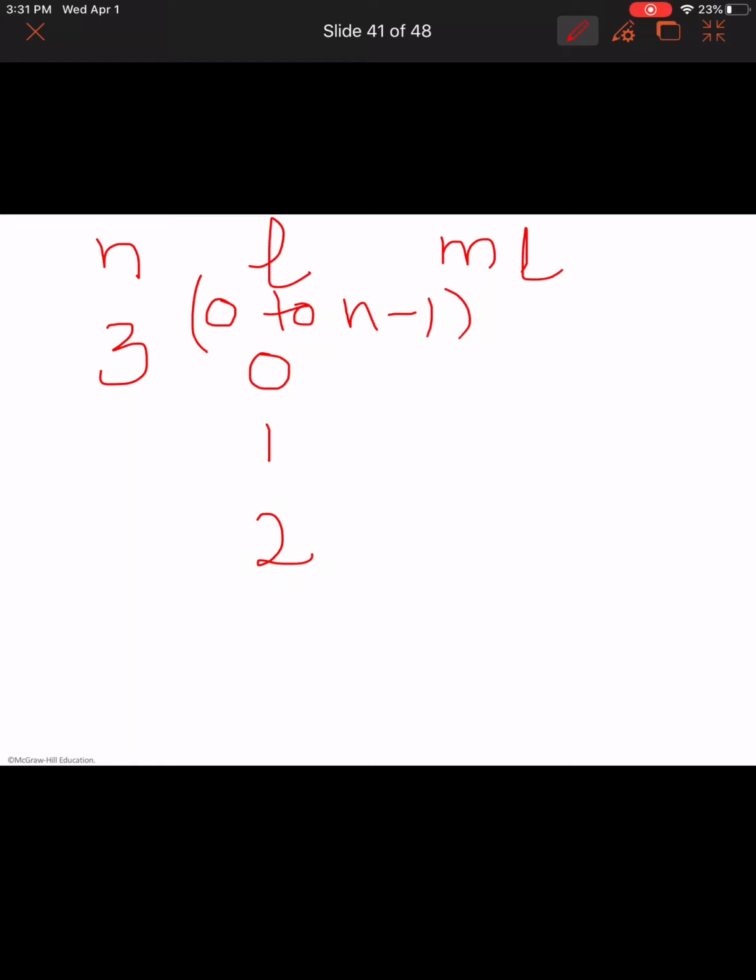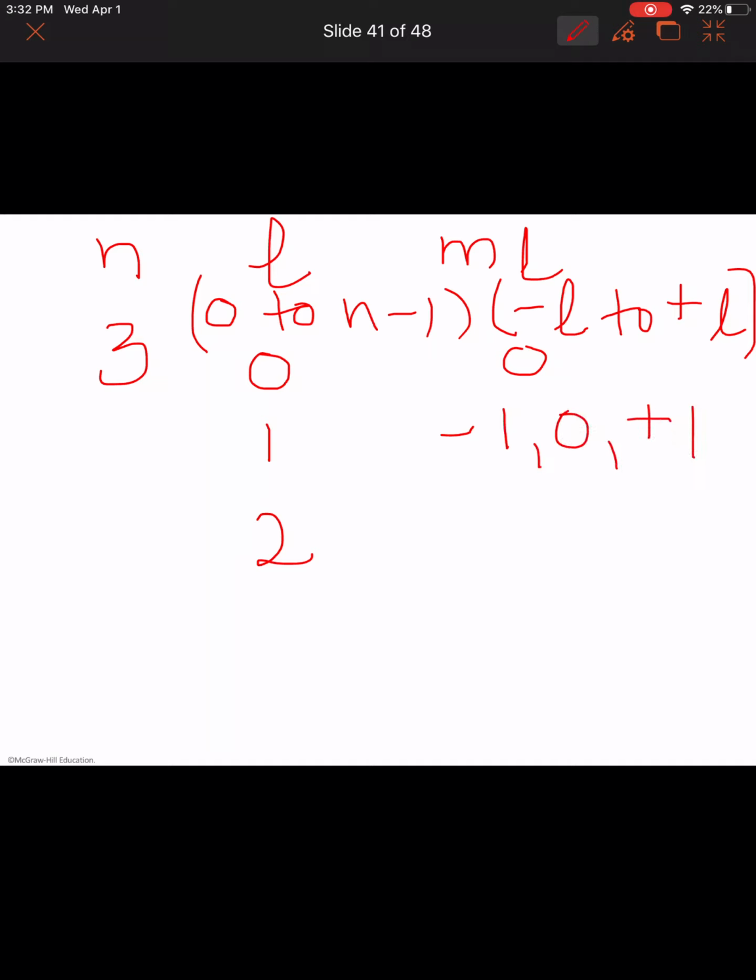Okay? And then what are the ML values? ML values could be minus L to plus L. Right? So if L equals 0, what are the possible ML values? It could be only 0. And if L equals 1, ML is going to be minus 1 to plus 1: minus 1, 0, plus 1.